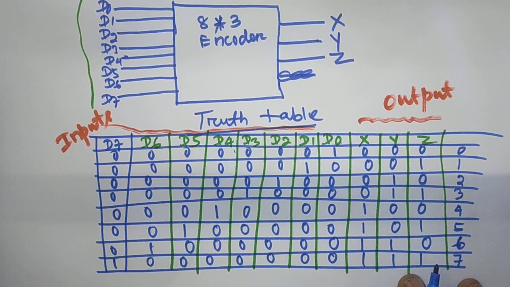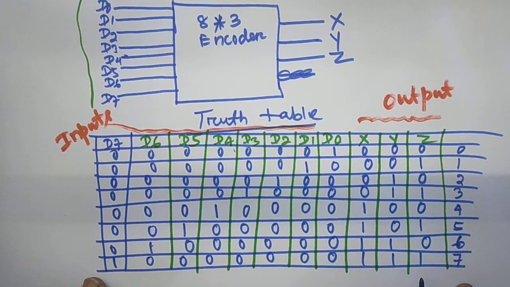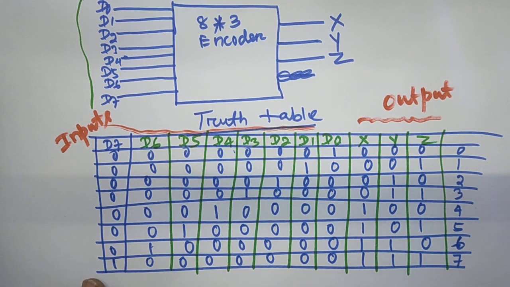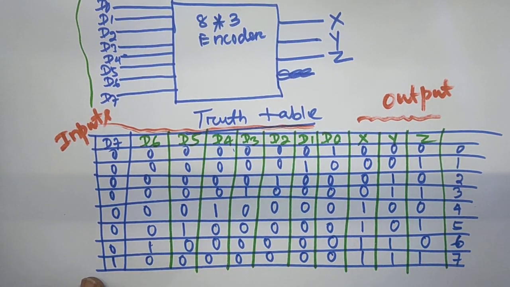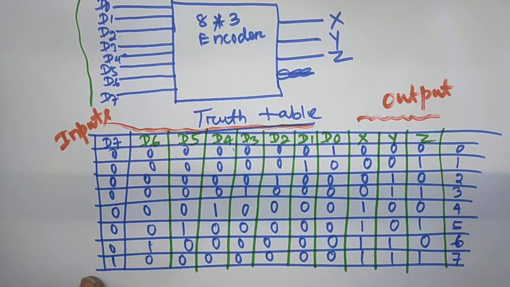Okay, so designing an encoder is very simple, but whenever we analyze through the truth table, we just see how that truth table will be considered for any kind of encoder types. Maybe either the 8-3 encoder or the 4-2 encoder.